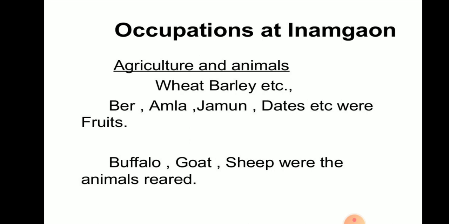With the help of that, people know agriculture and animal rearing were practiced, as seeds of wheat, barley, and fruits like ber, amla, jamun, dates were available, and buffalo, goat, sheep remains were also available. So we know from that finding that the occupations at Inamgaon were agriculture and animal rearing.